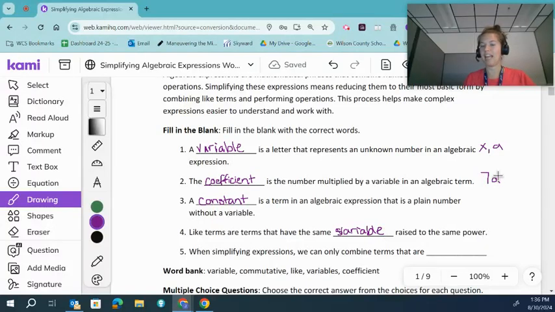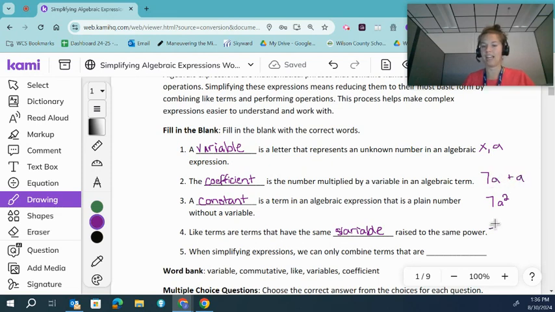So in this 7a, it is raised to an imaginary 1 power. But if you had 7a squared, these are not like terms because they're not raised to the same power.